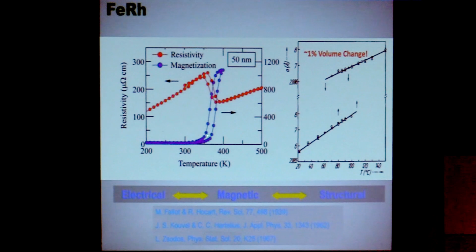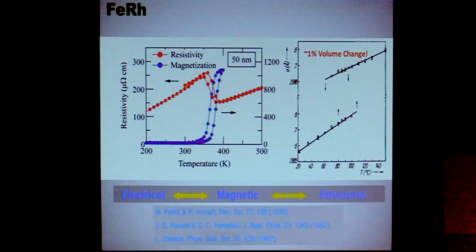The other example, for this iridium, is another one. Iridium is a conventional magnetic intermetallic alloy with a first-order magnetic phase transition. At low temperature, below around 350 K, it's an antiferromagnet.